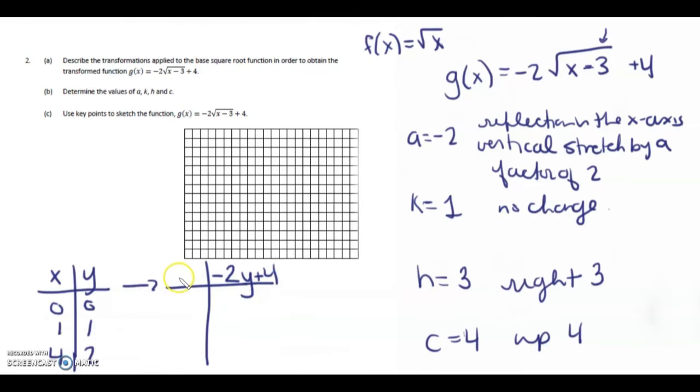For the x values, it's only going right 3. So let's take every x value and add 3 to it. And let's take every y value, multiply it by -2, and then add 4. So -2 plus 4, and then -4 plus 4 is 0.